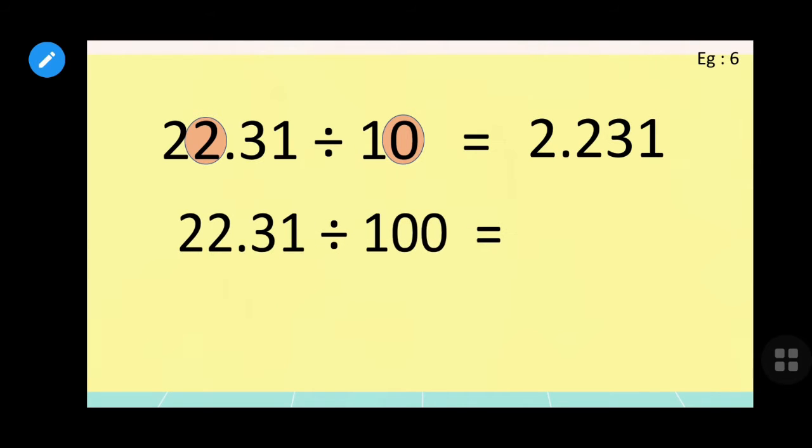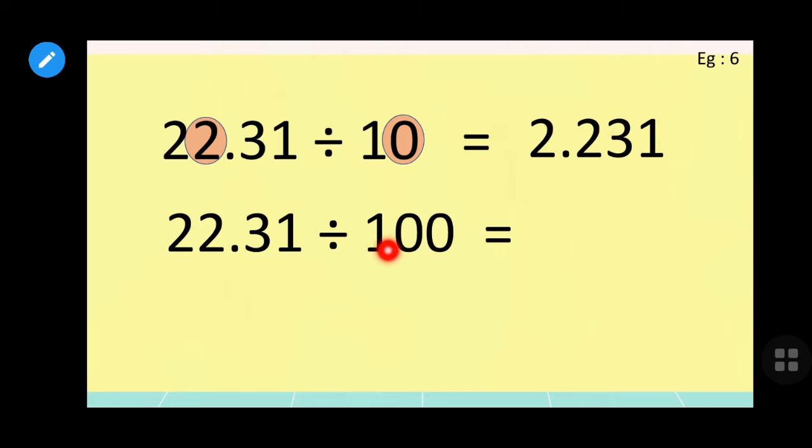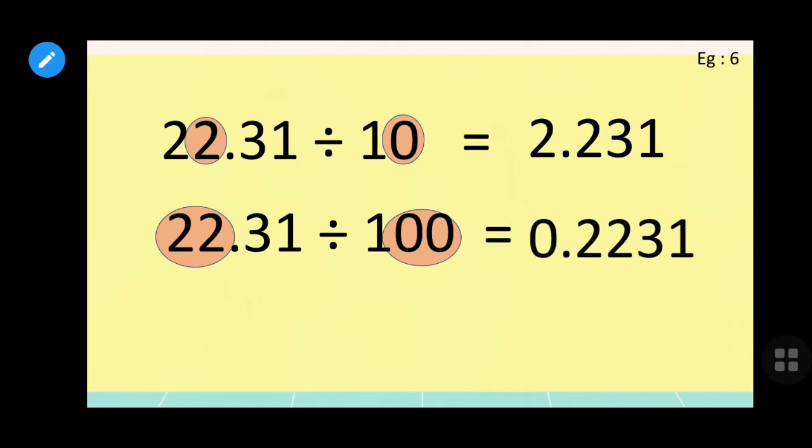Let's divide the same number by 100. 100 has two zeros, so this decimal will shift two places forward. So it's going to be 0.2231. And why did we add a 0 here? Because we just can't start a number with a decimal, so we added a 0 in front.